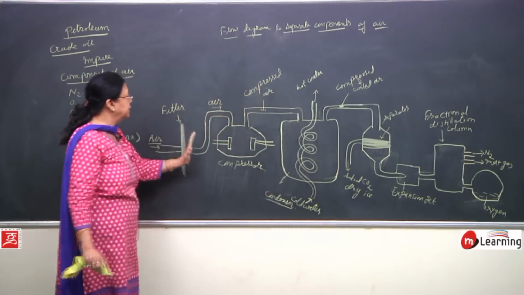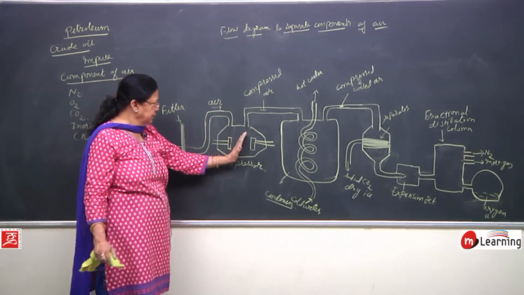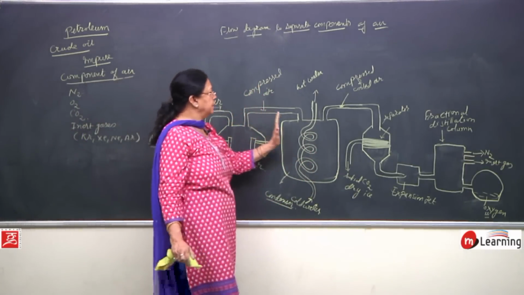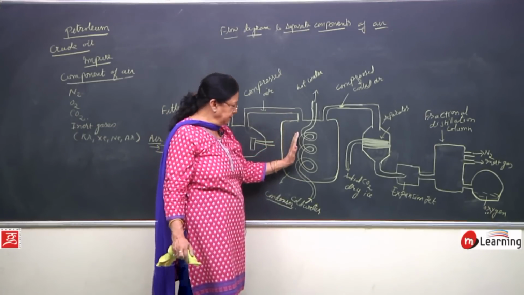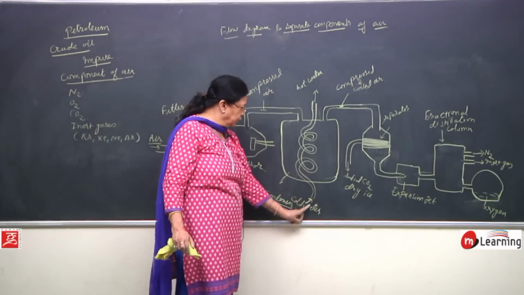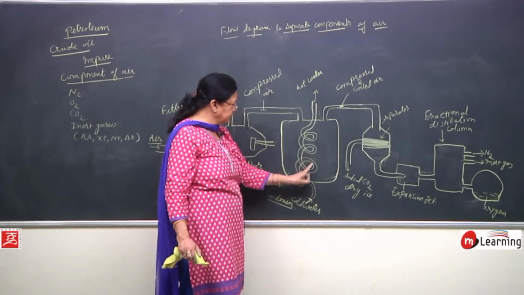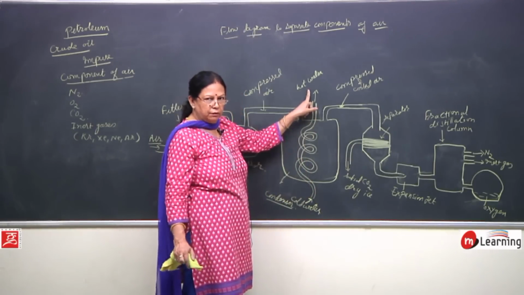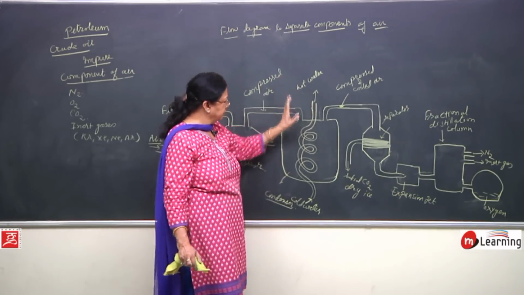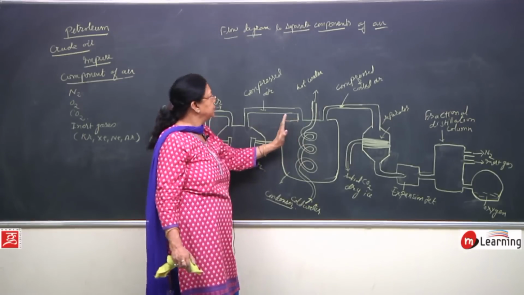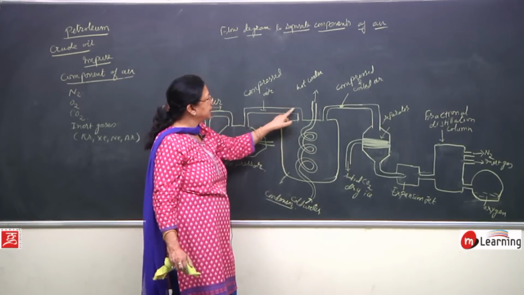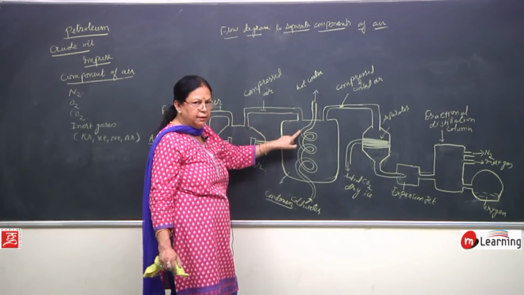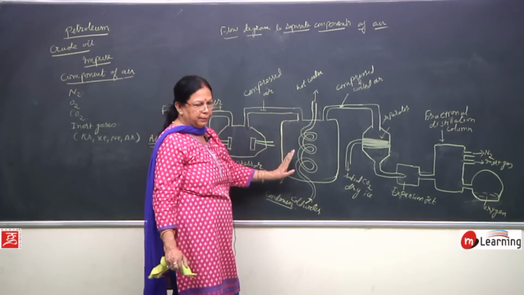So, first the air is compressed. This compressed air is introduced into the condenser. In the condenser, cold water comes from this pipe and what comes out? Hot water. Why? Because the air which we are introducing here will get cooled.